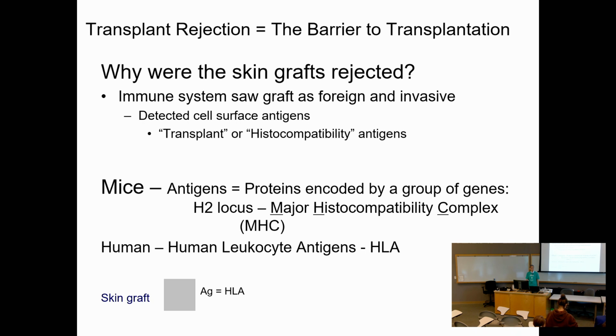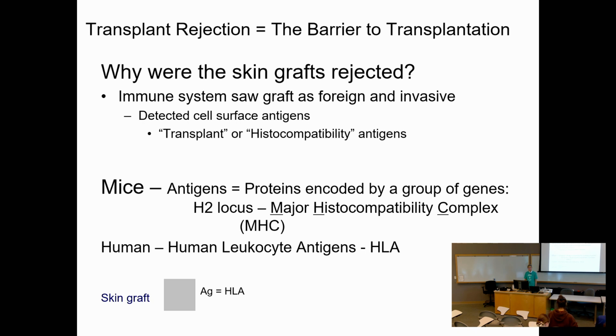So I showed this slide before, and the question is, what causes transplant rejection? That is, what is the barrier to the ability to transplant organs without having them be rejected at some point? After a lot of work with mice, we discovered that there is a genetic locus that codes for a bunch of proteins that eventually was called the MHC proteins, and the genetic locus was the MHC complex.